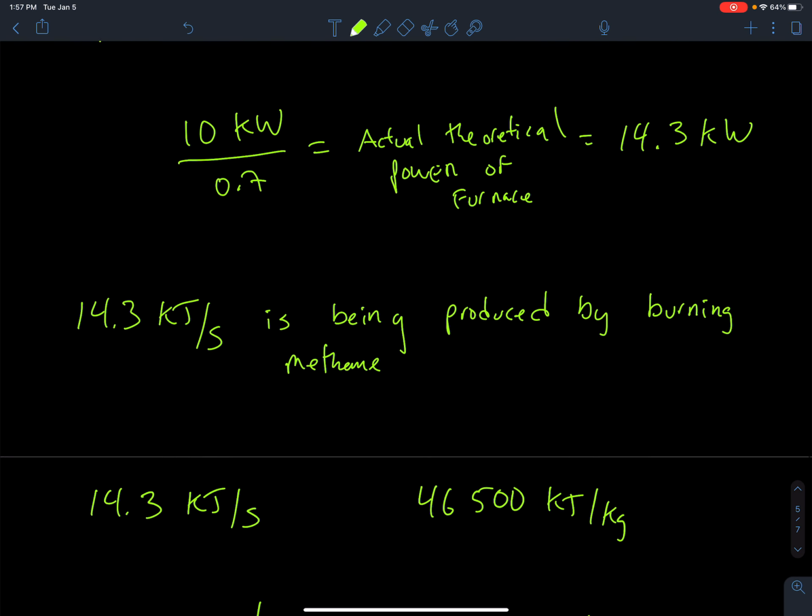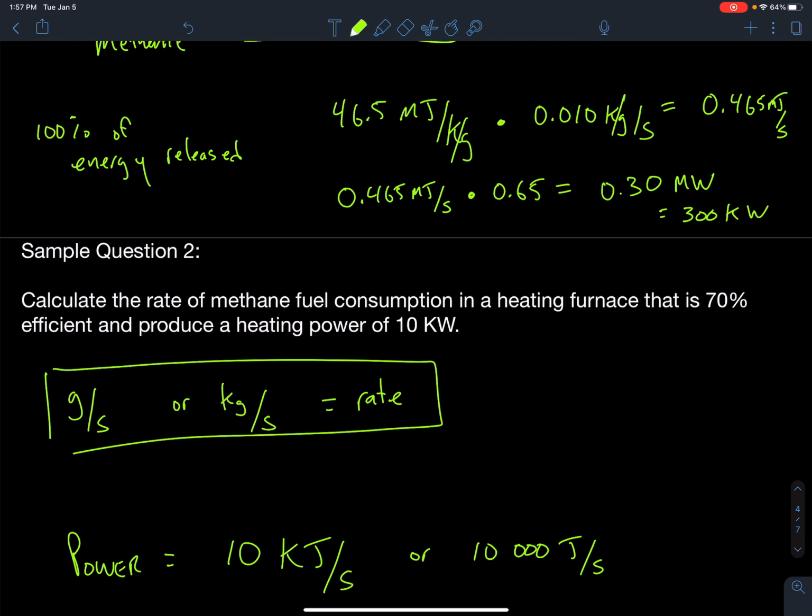So going back just to review this problem, we have to go backwards. 10 kilowatts is the actual power that came out. If I divide 10 kilowatts by 70%, that tells me the actual heat being produced by burning the methane, which gave us around 14 kilowatts.